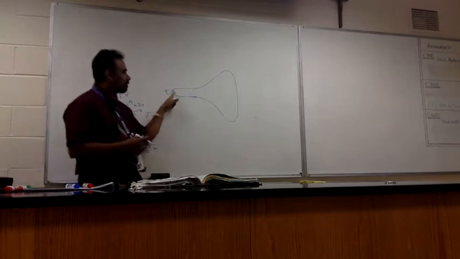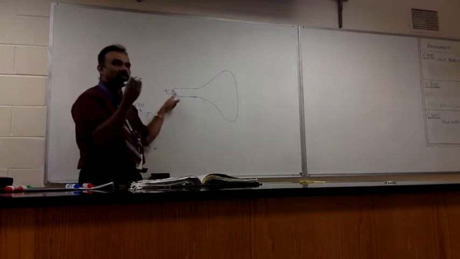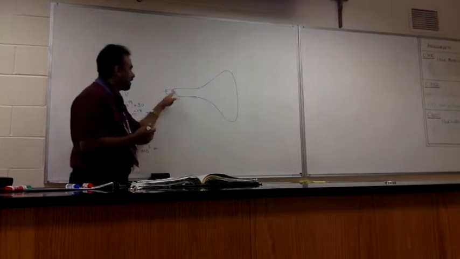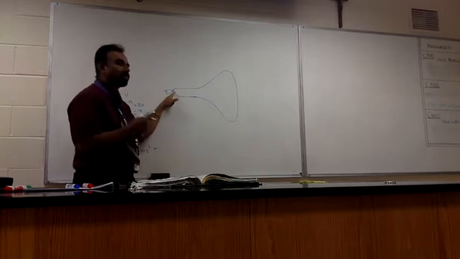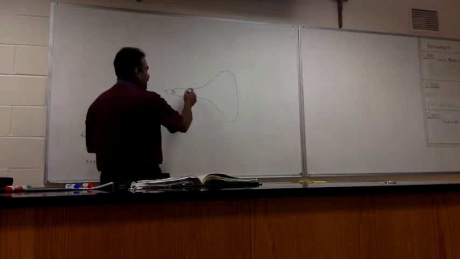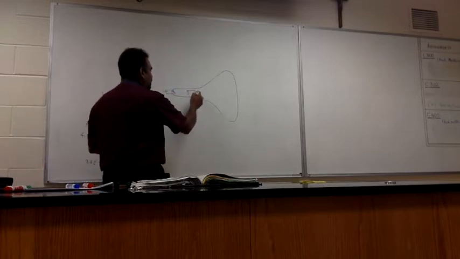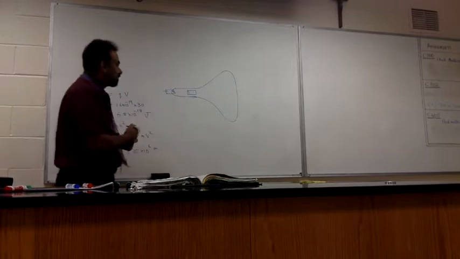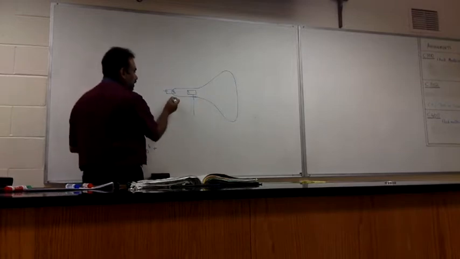So it starts producing thermal electrons. Then those thermal electrons have to be accelerated, so we have an anode, a cylindrical kind of anode. Between the anode and this point, we connect a high voltage.